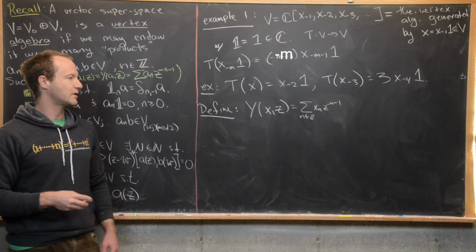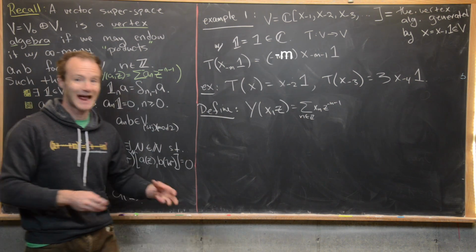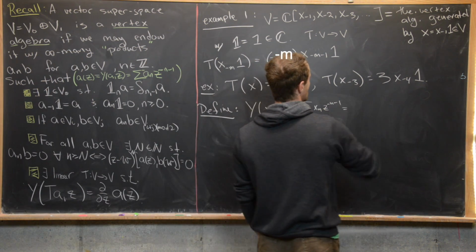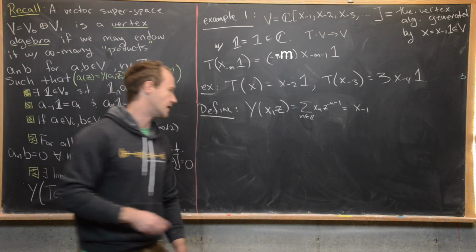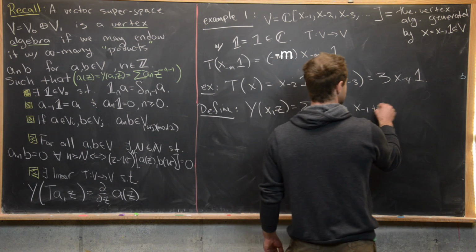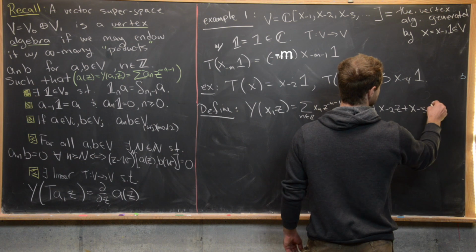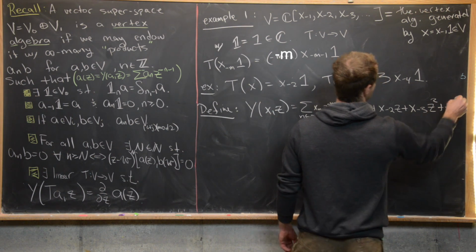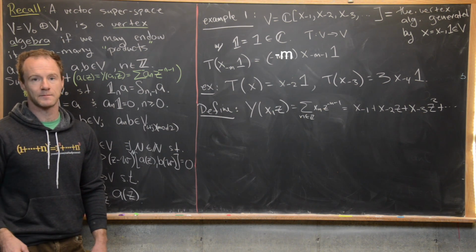But by the lemma that we proved on the previous board, we know that we only have to deal with the negative products. So we can expand this out. This is going to be x_{-1}, so that is the z to the 0 coefficient, plus x_{-2} z plus x_{-3} z squared, and so on and so forth. So that's how we'll define that.